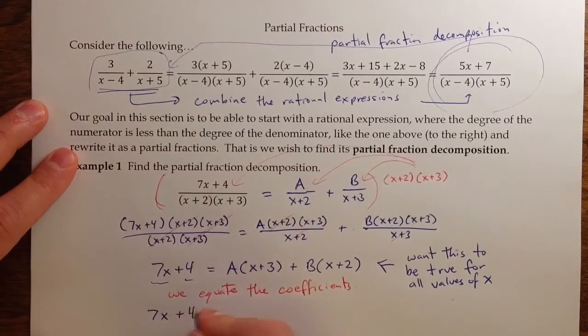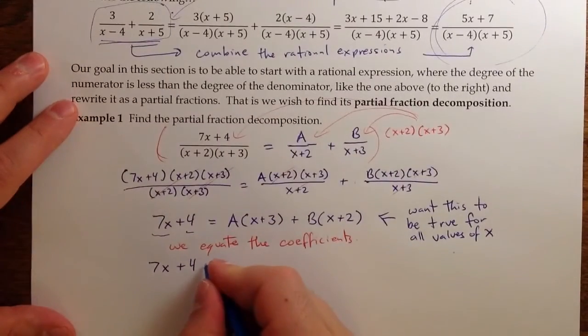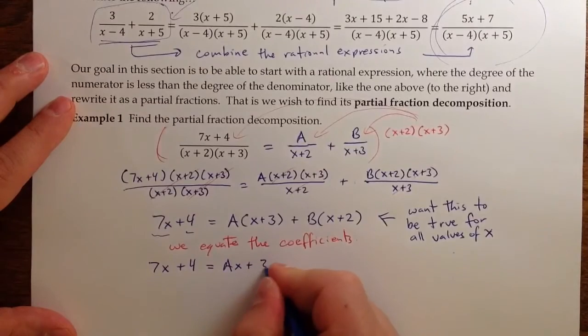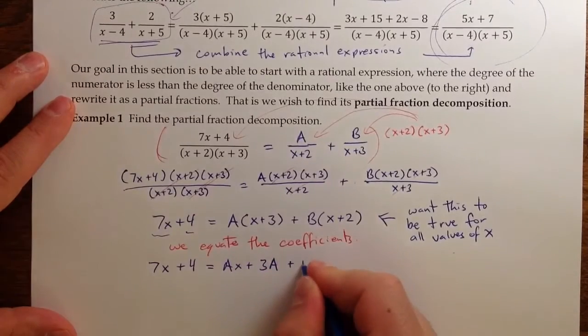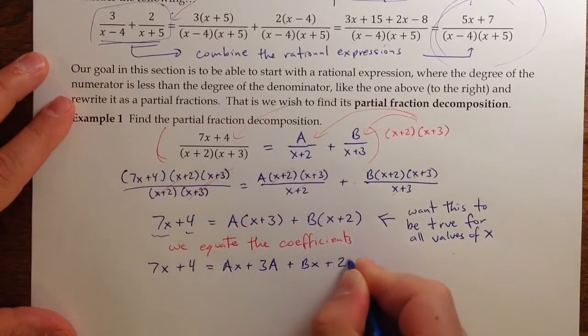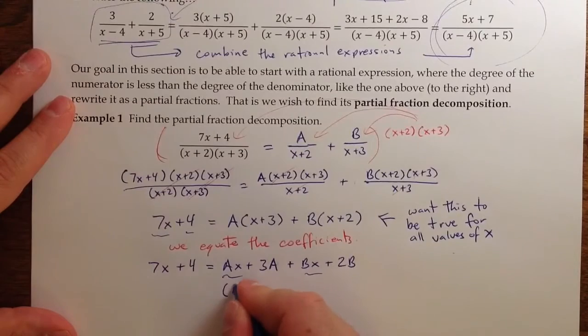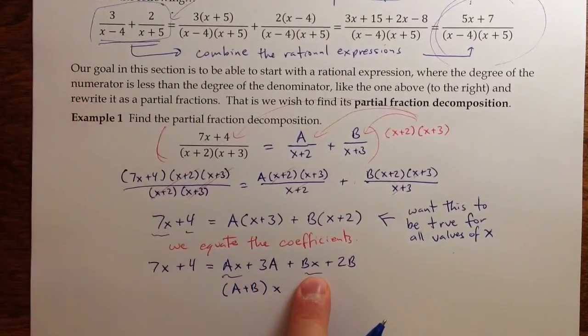Let me simplify the expression, and then we'll see a little bit more carefully what that means. So I have 7x plus 4, and that's equal to Ax plus 3 times A plus Bx plus 2 times B. Rearranging things, gathering together the x terms, on the right-hand side I have A plus B times x, if I gather those two together and factor out the x.